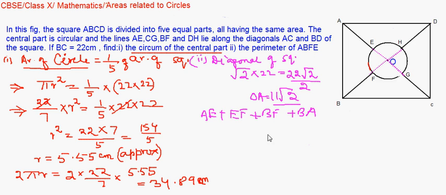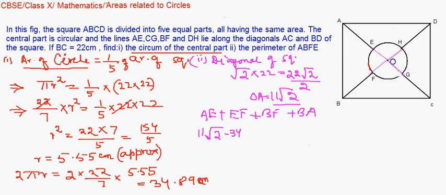Now AE has to be calculated. AE is equal to BF, so I can write it as twice of that. AE is 11 root 2 minus the radius.